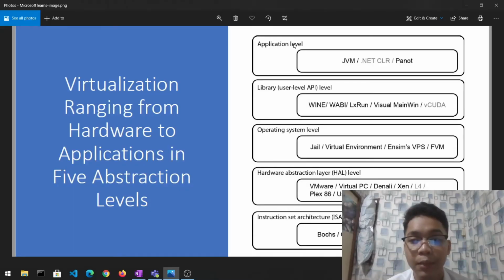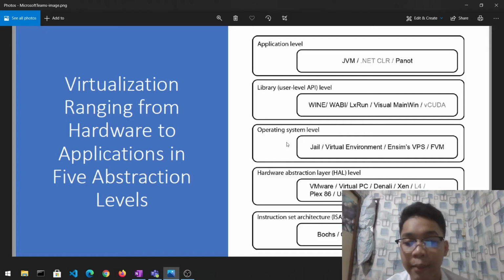There are 5 abstraction levels of virtualization, and now I will discuss them on my screen. Application level virtualization comes in handy when you wish to virtualize only an application, because it does not virtualize an entire platform or environment. Library level, or user level API virtualization with library interfaces, is possible by controlling the communication link between the application and the rest of the system through API hooks.